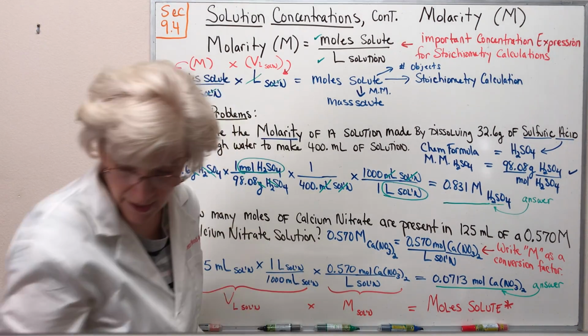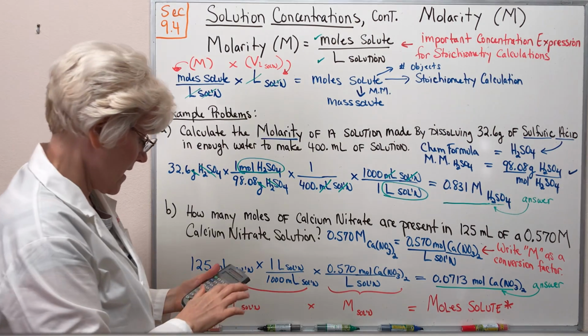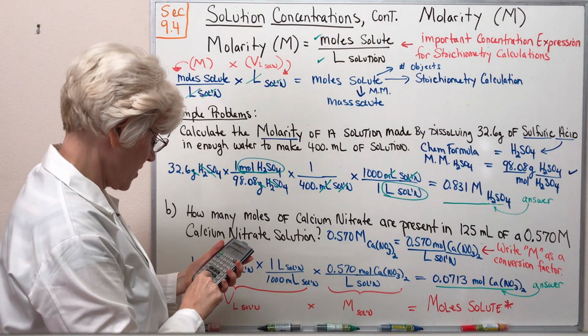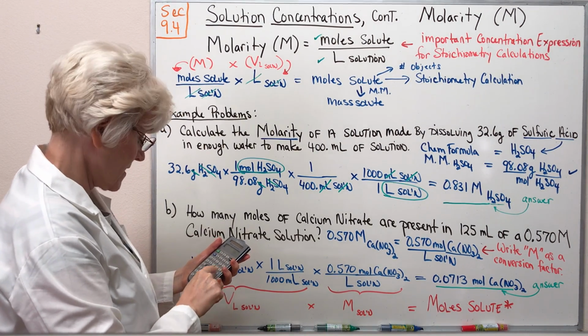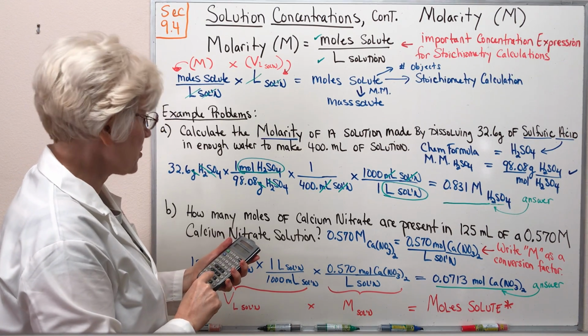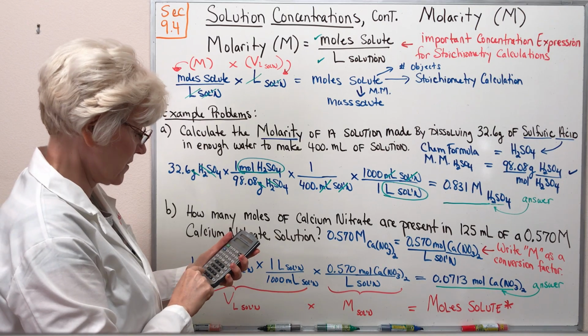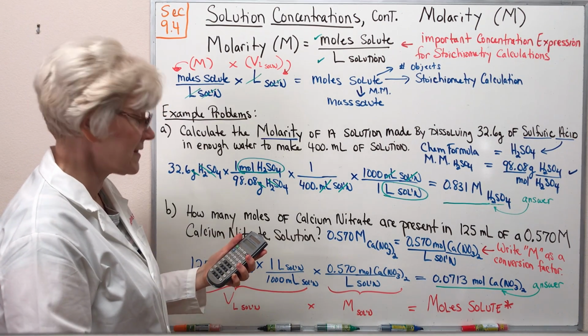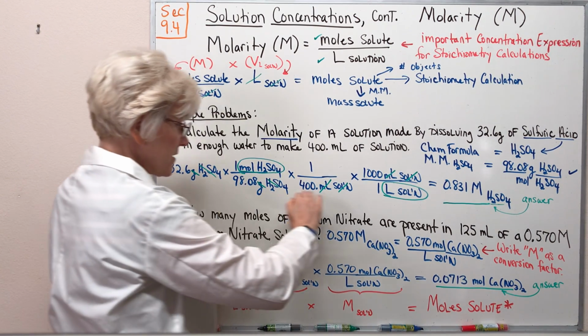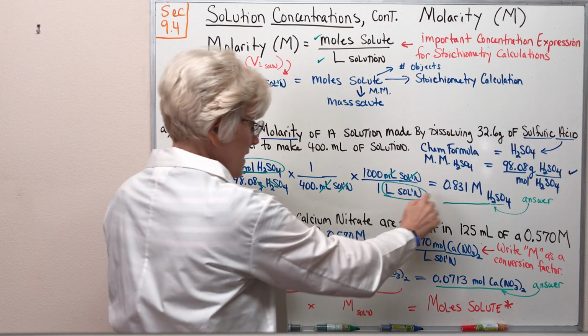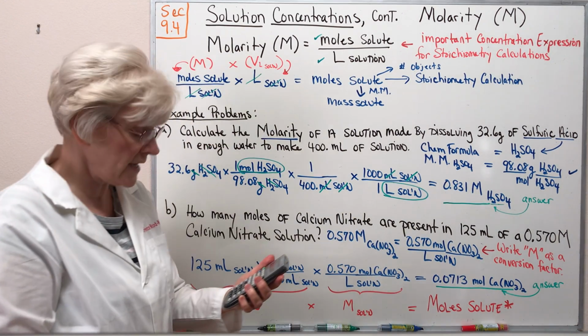So taking our calculator and working through the calculation, double checking and making sure that our answer is the correct answer. I hope you are doing the same. Looking at our setup, I see that my answer should have 3 sig figs.